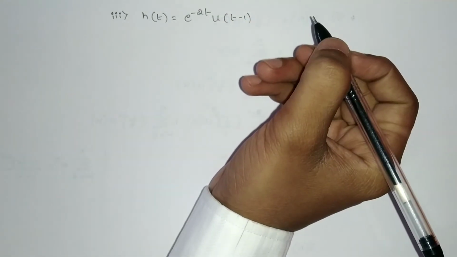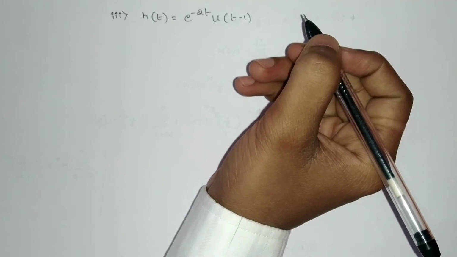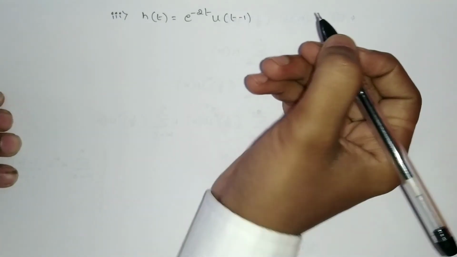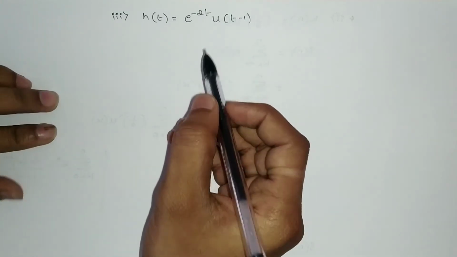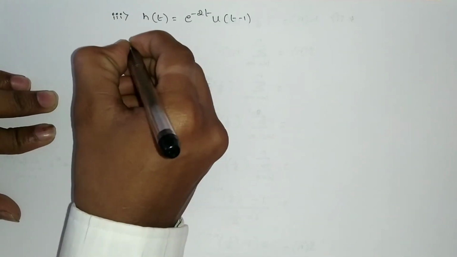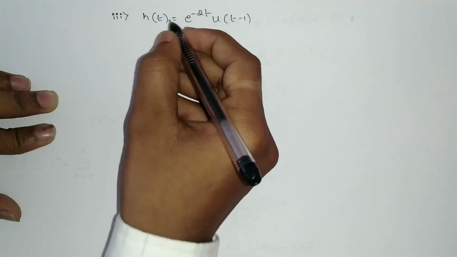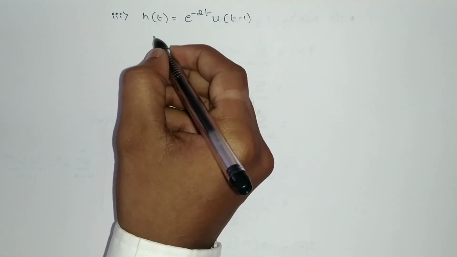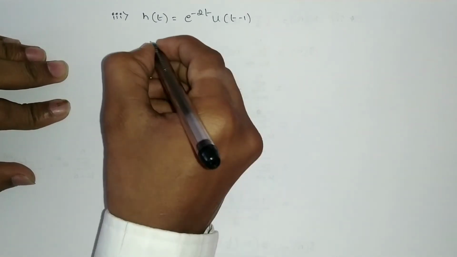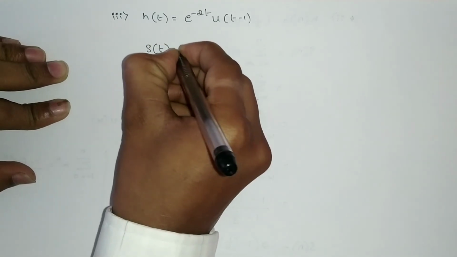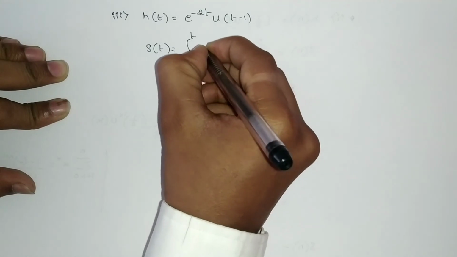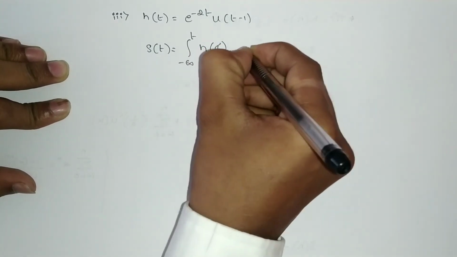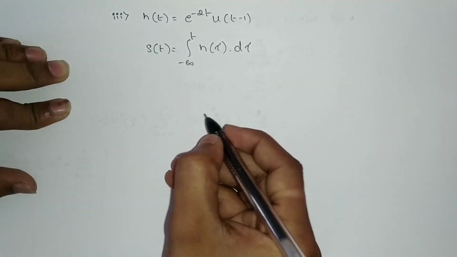We need to find the step response for the impulse response given by h of t is equal to e power minus 2t into u of t minus 1. The step response of a continuous time LTI system for the impulse response h of t is given by s of t is equal to integration of minus infinity to t h of tau d tau.